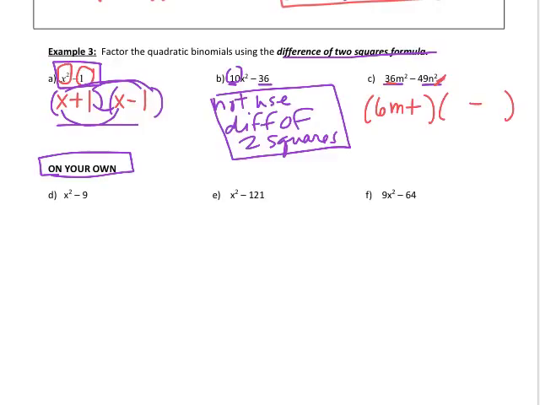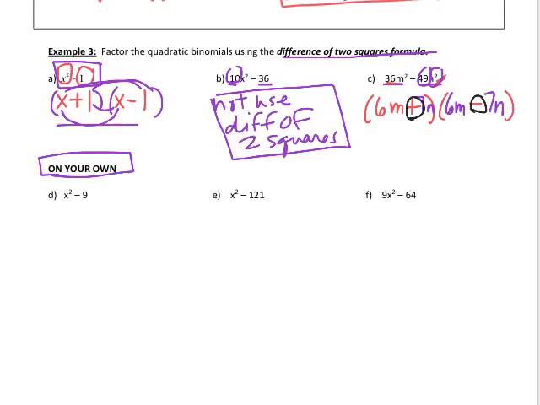Actually, I probably should have spread that out just a little bit more, but I'm going to have to squeeze it in. So the square root of 49 is 7, and the square root of n squared is n. All right, so now I have to do my 6m here and my 7n here. So everything is really the same except for the plus sign here and the minus sign here.